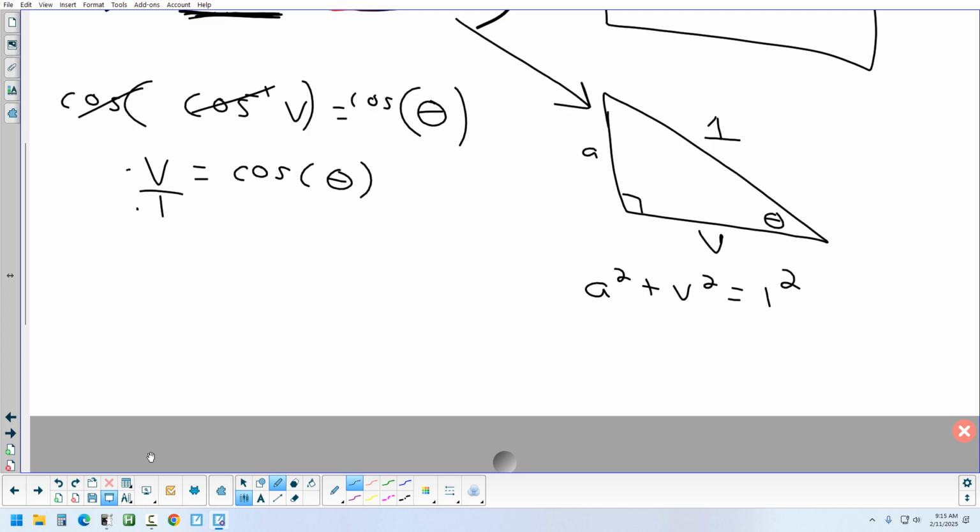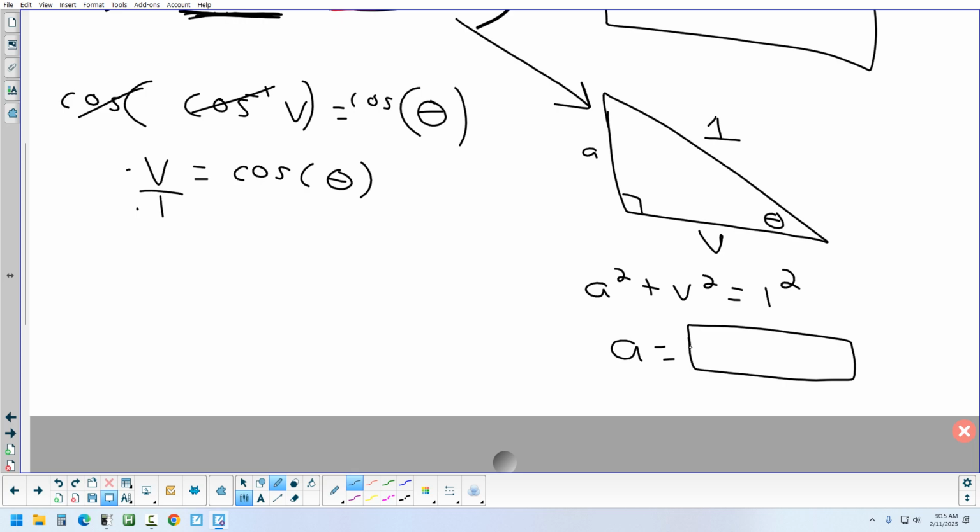And if we solve that for A, can someone tell me what would go inside that box? Yeah. 1 squared minus v squared.